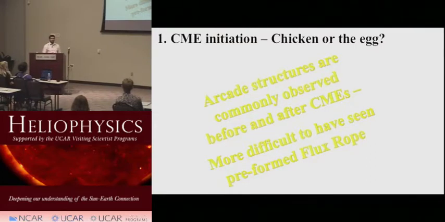That's a much more difficult problem to observe, and what has been observed more frequently over the last decade or so is the other version, which is you've got this arcade before the CME. So you see the arcade, then you see reconnection, then you see the CME, or the flux rope, forming.